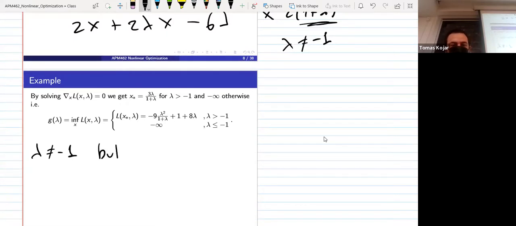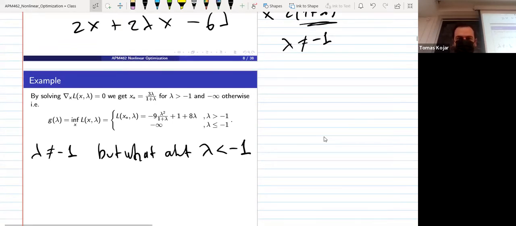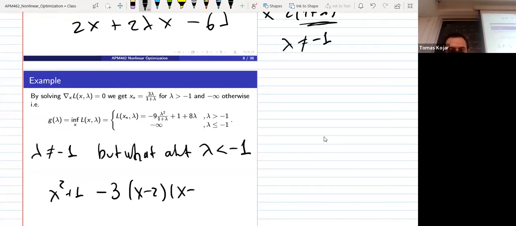But what about lambda being less than minus 1? Maybe you can eyeball it. We had x squared plus 1, and suppose this is like minus 3. Can you eyeball that this will become minus infinity?